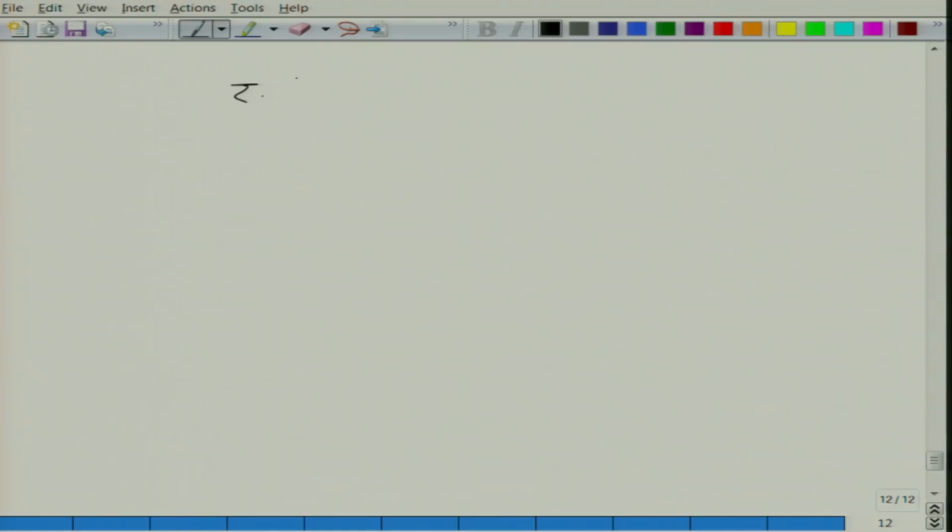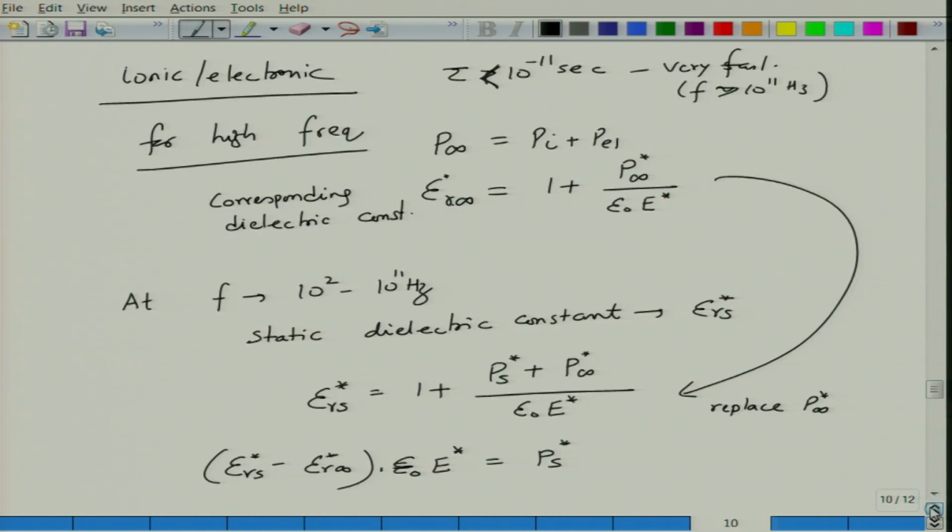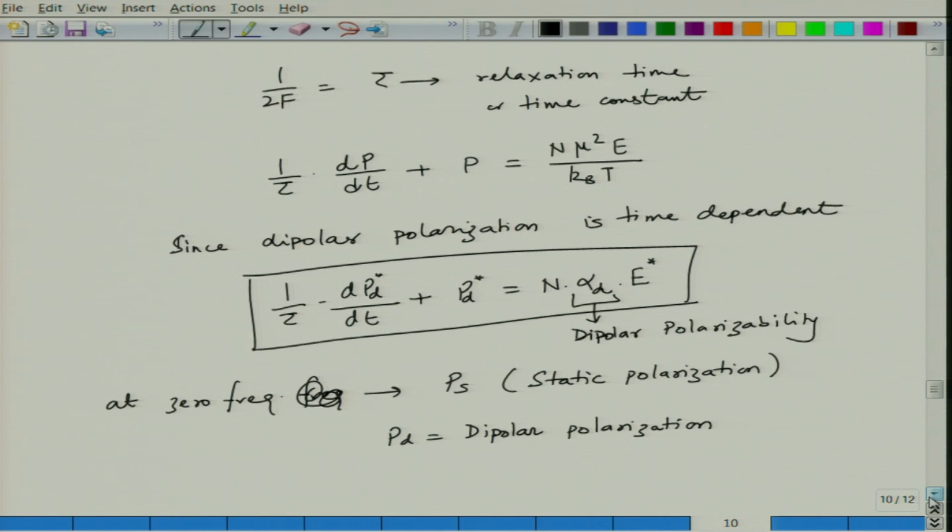So, you can now modify the above expression as tau into, sorry, there is one mistake we have made, that is this will be tau, because 1 over 2 f was equal to tau. So, this modification we have to make.